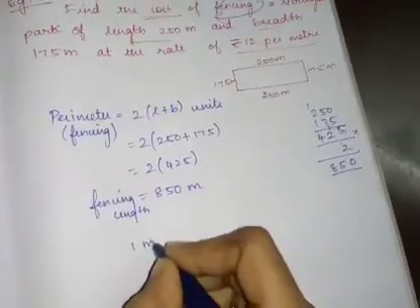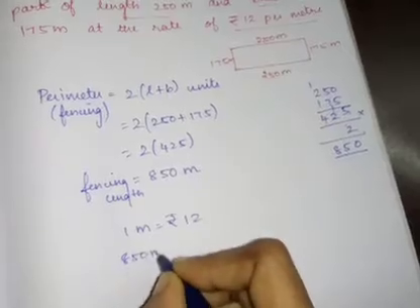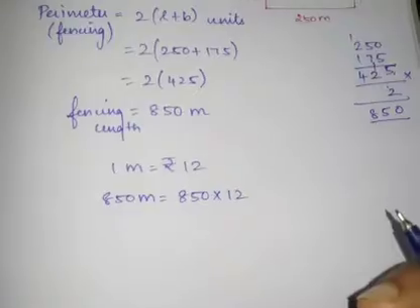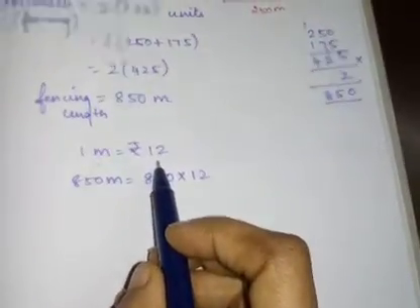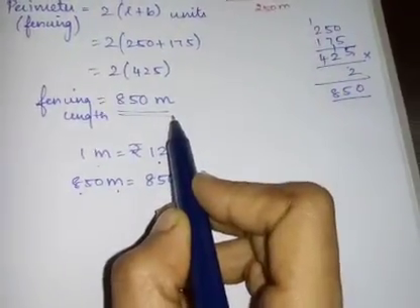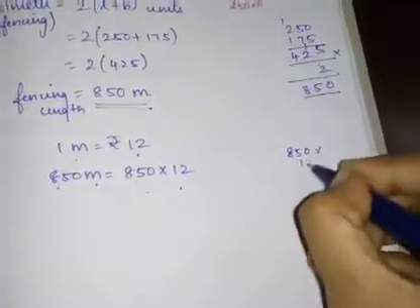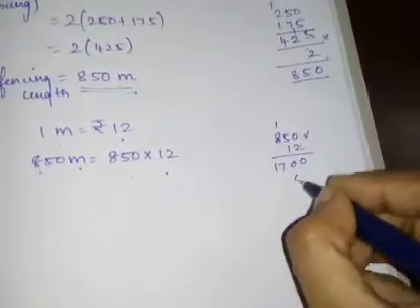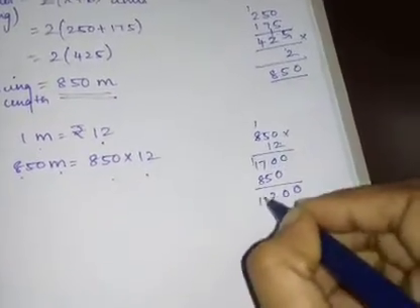So for 1 meter, how much cost? Rupees 12. So for 850 meter, how many rupees will it come to? 850 into 12. For the cost of the fencing, children, 1 meter takes 12 rupees, so for 850 meter, the length of the fencing, we multiply into 12. 850 into 12 is 10,200.